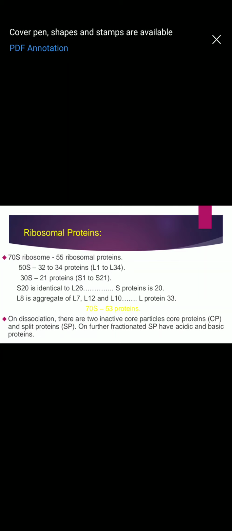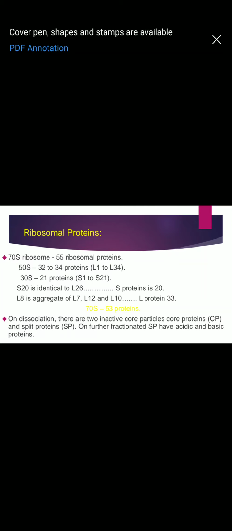And in case of the 50S, the larger subunit, which includes 32 to 34 proteins, there is the L protein. L8 protein is the aggregate. This is formed from L7, L12 and L10.